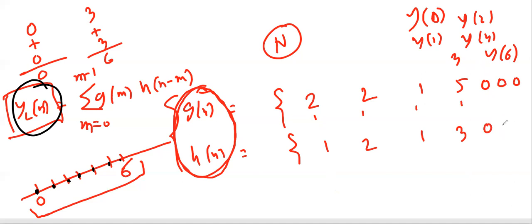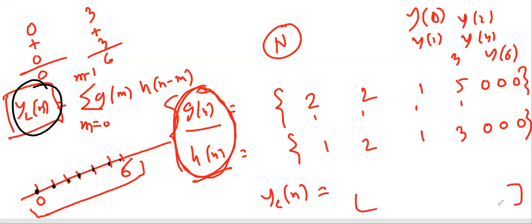Similarly, we need to pad 3 more zeros like this. Then we have our signal ready to do the circular convolution. Now, whenever you are doing the circular convolution, how many samples are you looking for? You are looking for 0 to 6 samples, so total 7 samples.